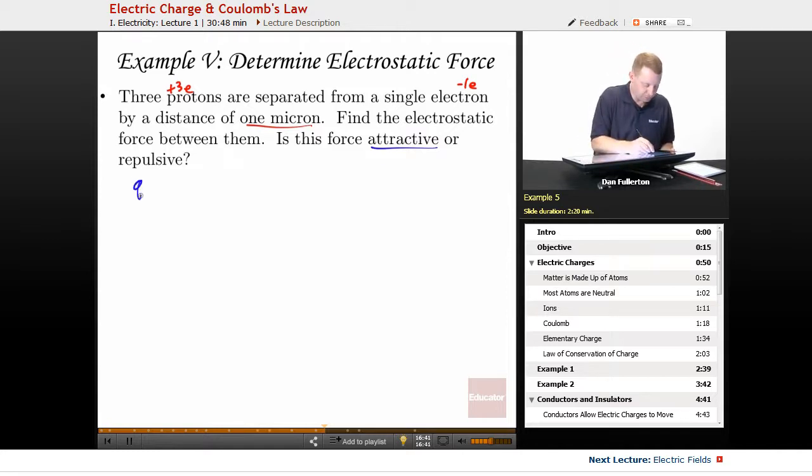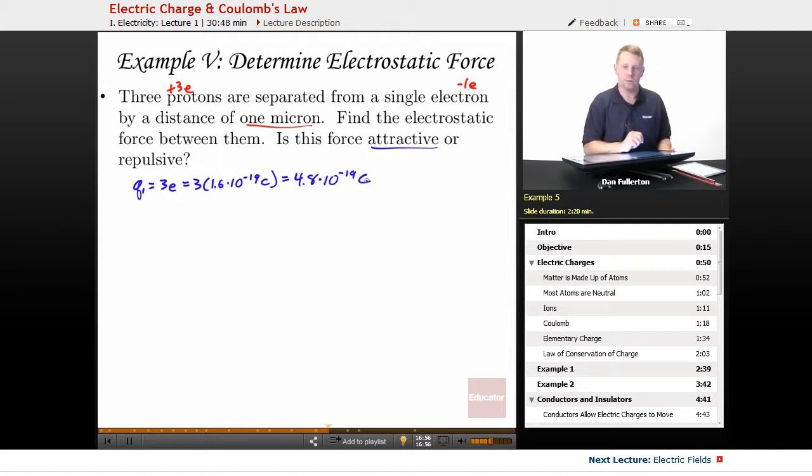All right, let's find the magnitude of that force. Our first charge, Q1, is 3 elementary charges, which is 3 times 1.6 times 10 to the minus 19 coulombs, or 4.8 times 10 to the minus 19 coulombs. Our second charge, Q2, is the charge of our single electron, which is minus 1 elementary charge, or minus 1.6 times 10 to the minus 19 coulombs. And the distance between them is 10 to the minus 6 meters.